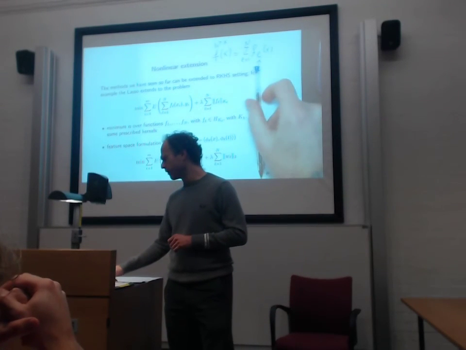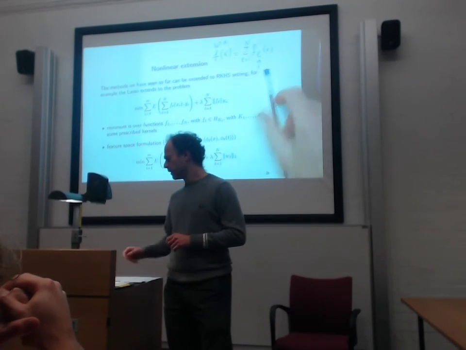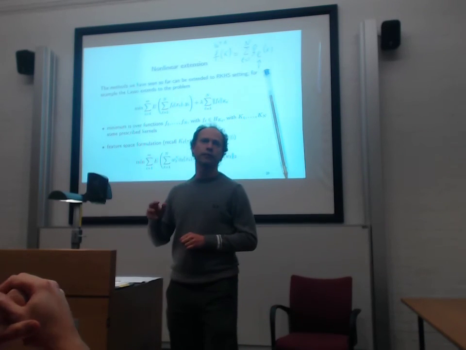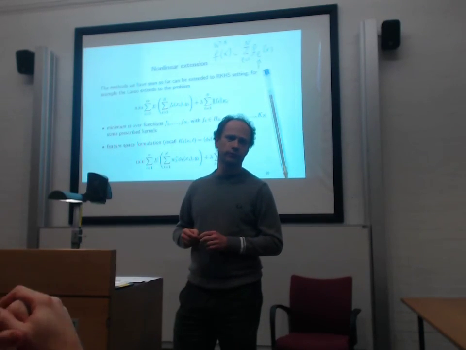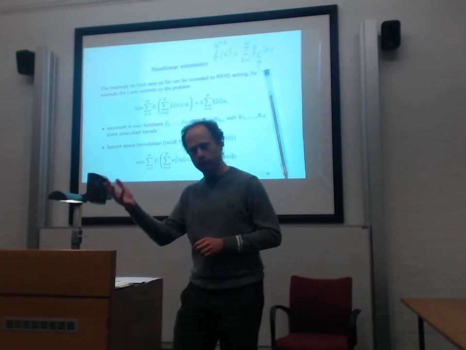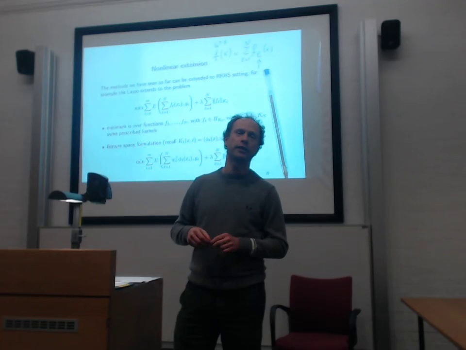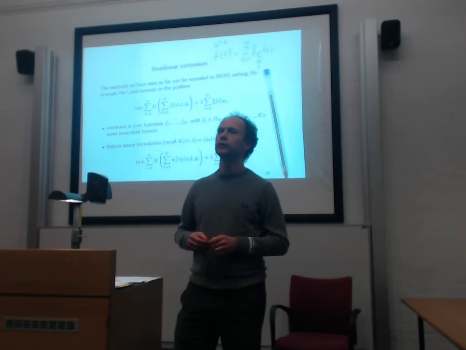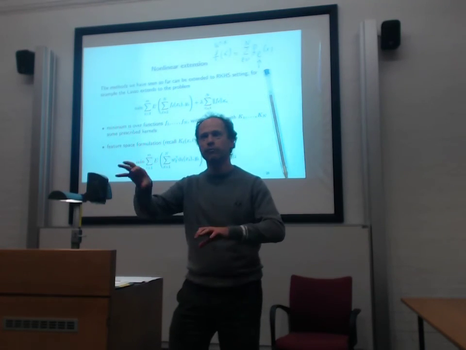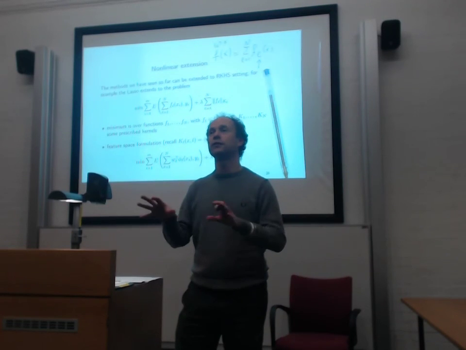So I say that the regression function is a sum of functions, which are unknown, but many of them are encouraged to be zero. So the end result is that the regression function can be written as a sum of just a few functions, which are chosen in some space.